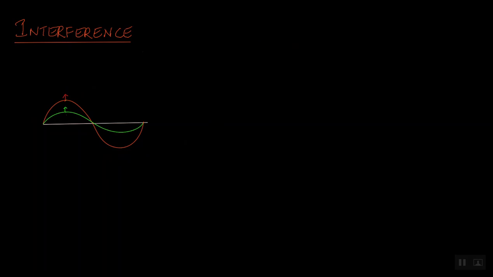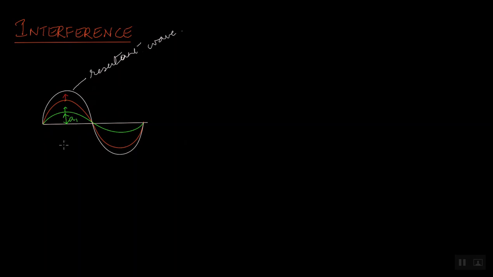I think I didn't put this part. Okay, let me redraw this. It'll be something like this. You see this white color? This is the resultant wave. Got it? Now if you look at these two waves, the green wave, its amplitude is from here till here.